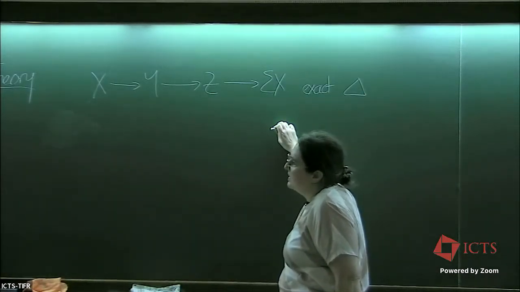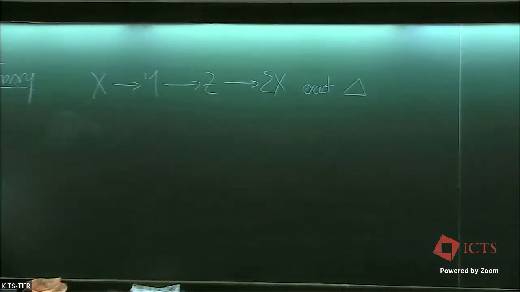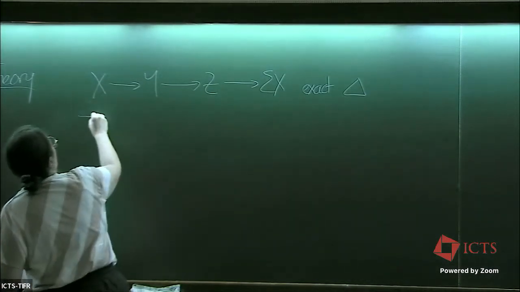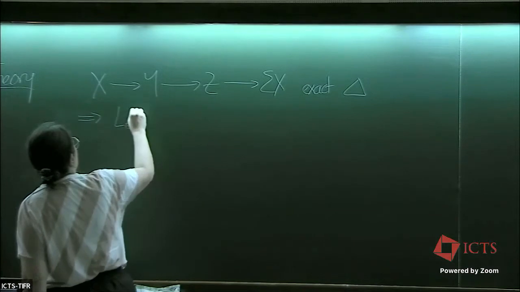And well, the answer is yes, because this functor here is induced by the identity as a left Quillen functor, and left Quillen functors are exact. So localization preserves exactness.